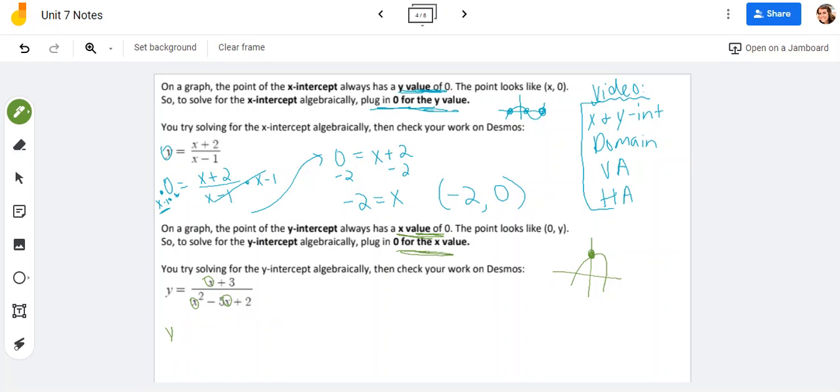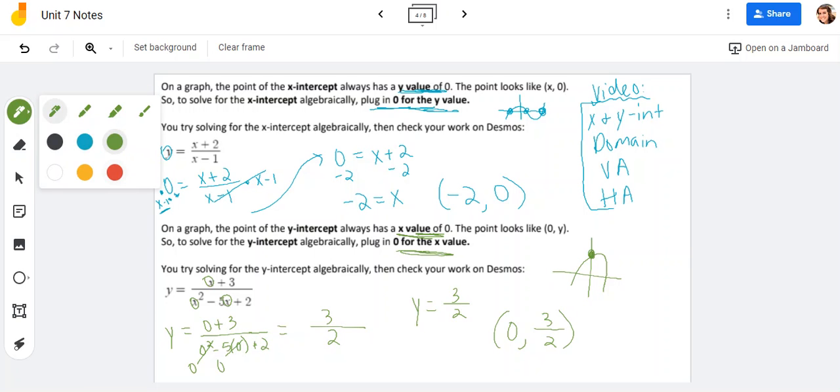So I can write this as Y equals 0 plus 3 over 0 squared minus 5 times 0 plus 2. Well, 0 plus 3 just gives me 3. 0 squared goes to 0. Negative 5 times 0 is 0, so I'm just left with 2. So my Y equals 3 halves, or I can write it as the point 0, 3 halves.